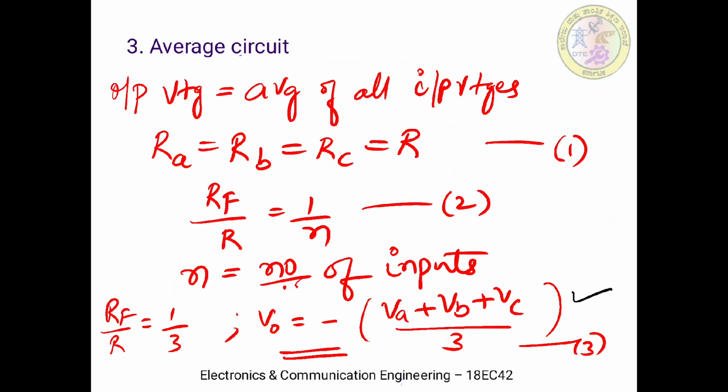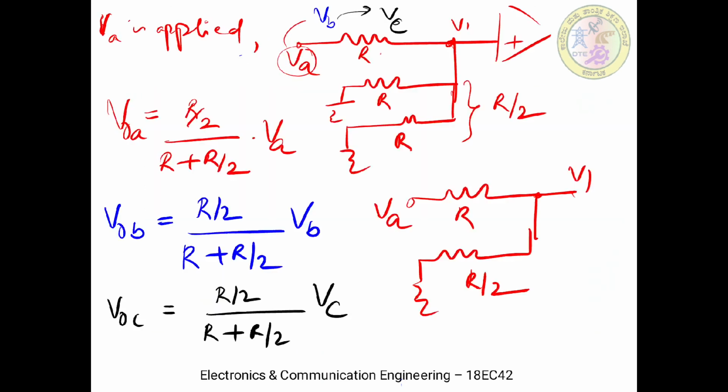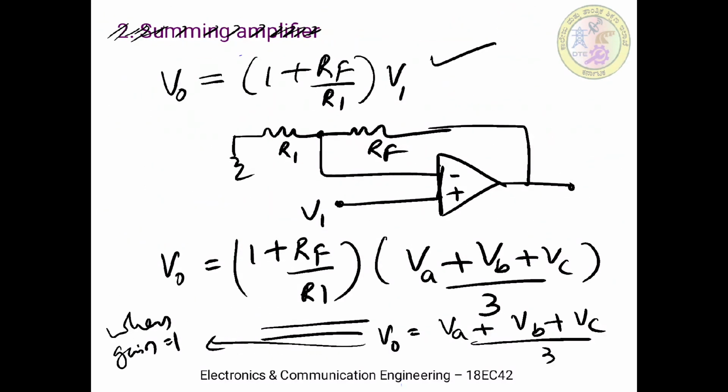One more difference: in the inverting amplifier circuit, the final output V0 itself represents the average of the 3 inputs. Whereas in the non-inverting circuit, the average is available at the non-inverting input terminal, and by taking this as an input, we finally write V0. So that is the second difference.